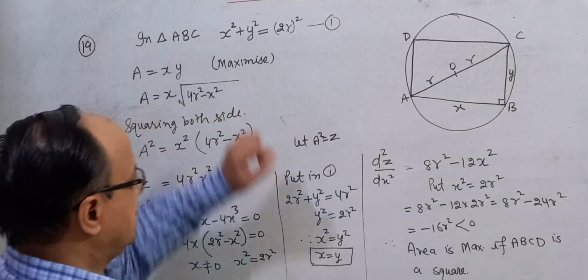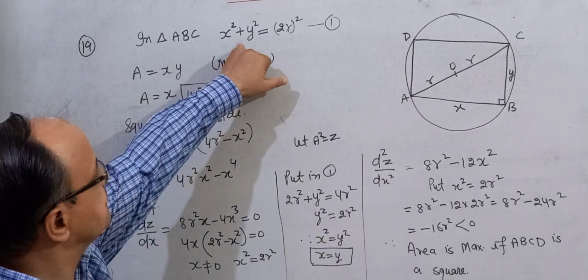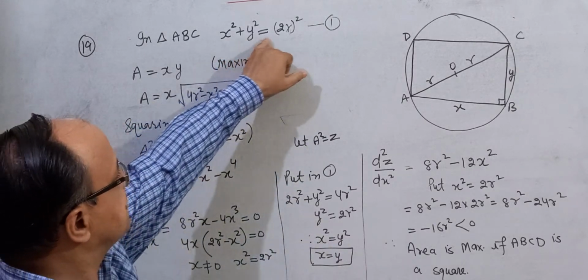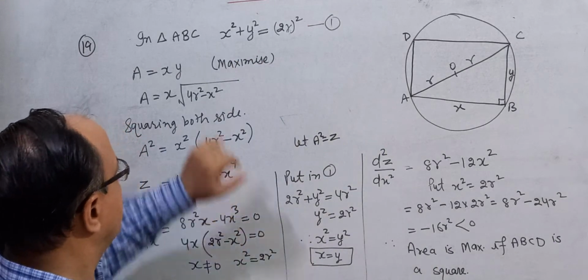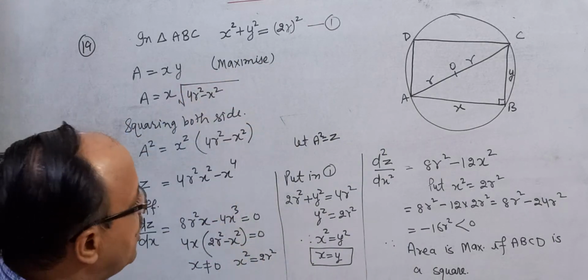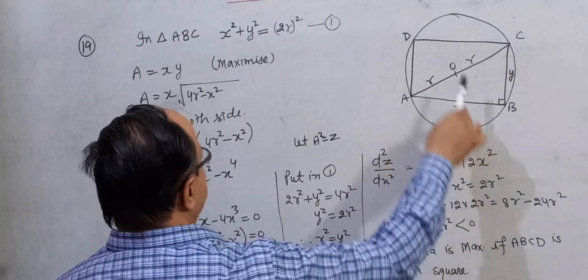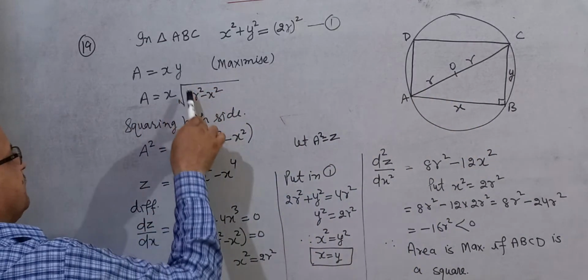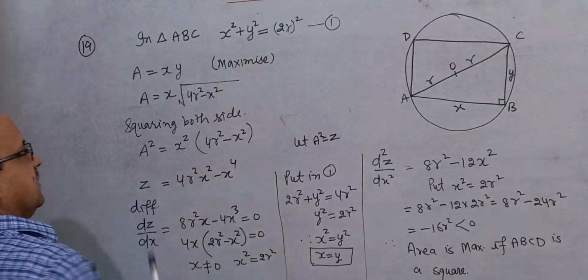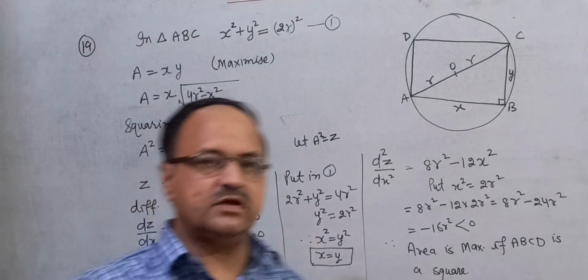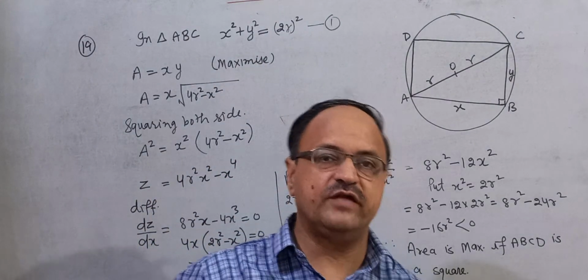In this triangle, apply the Pythagoras theorem. X square plus y square is equal to 2r square, and we have to maximize the area of the rectangle. Area of a rectangle, formula length into breadth. Put the value of y here, because before the derivative convert into one variable.